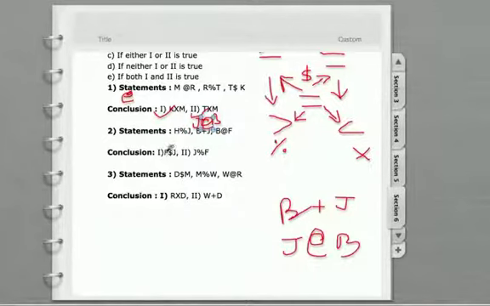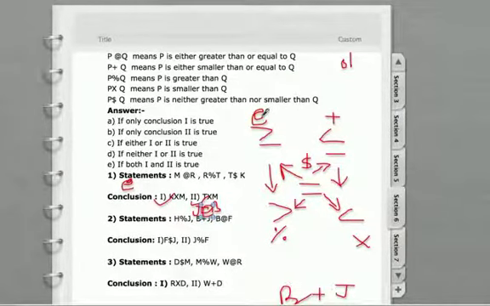So what's the conclusion? It says F dollar J, and we have to move from F to J: F to B, and B to J. F to B is at the rate, and B to J is at the rate. So both have at the rate, so the final result will be at the rate.